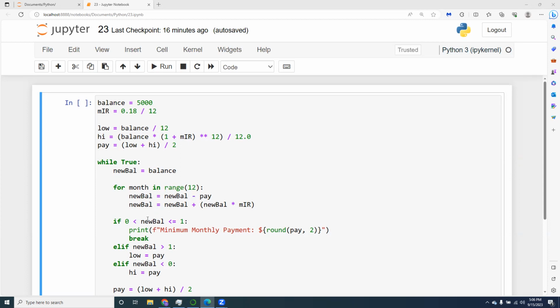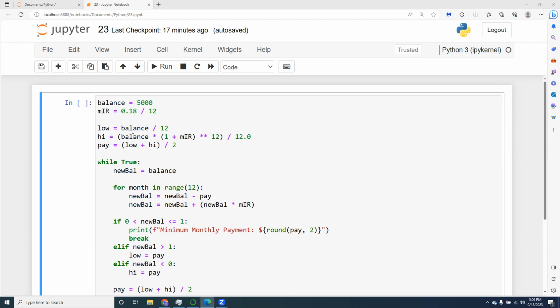And if that was correct, we would print out the monthly payment, $2,500. But if after 12 iterations there was a remainder of $5, our new lowest parameter would be 2,500 and our high balance would be higher than 2,500.